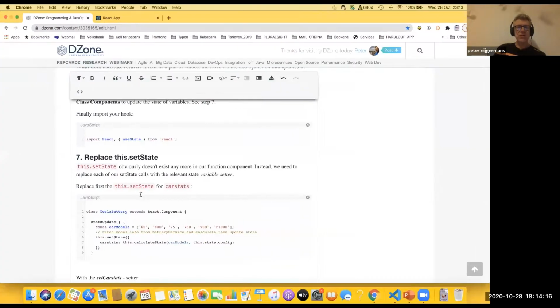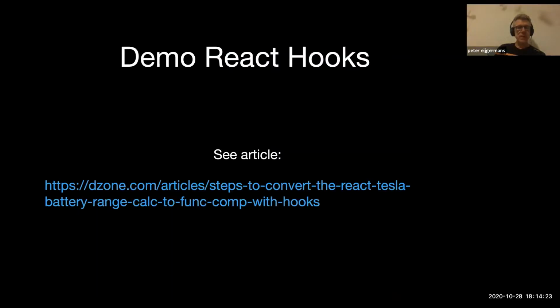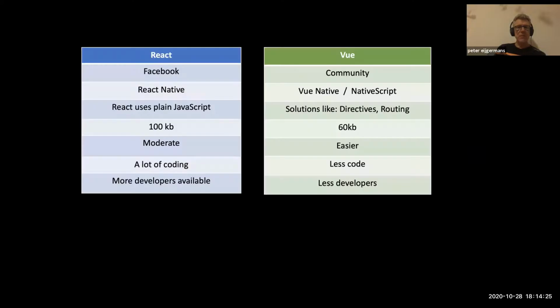So it's a little bit the same story as with the composition API. The comparison about React and Vue: React is backed by Facebook, you know, and it has a lot of users, a lot of developers working with it. Vue is also very popular, you know already, but it's not driven by a big player.